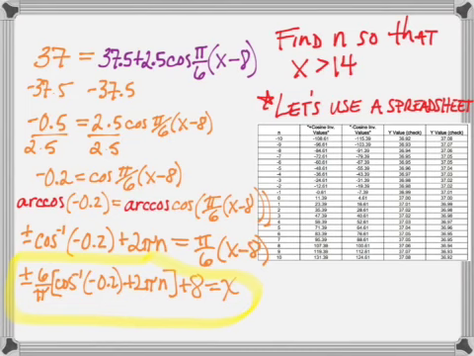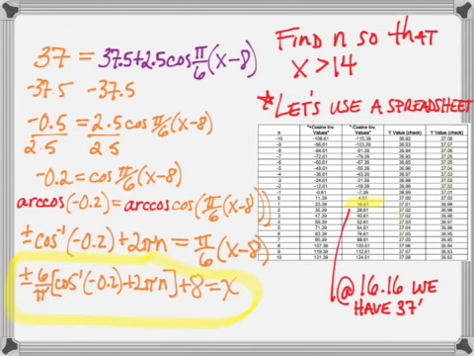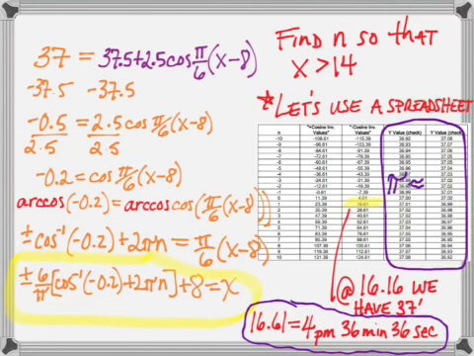If I look here, this one, 16.61. So 16 and a half hours about after midnight, it's going to be at 37 feet again. So that value there is when I have my clearance. And if I wanted to convert that to an actual time, it's 4 p.m., 36 minutes, and 36 seconds.